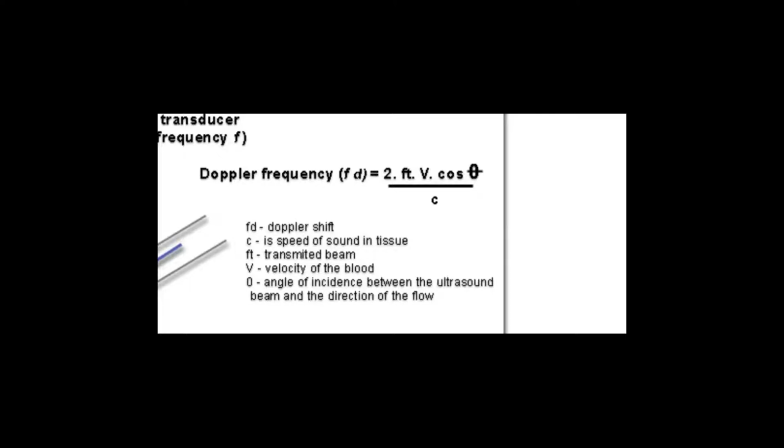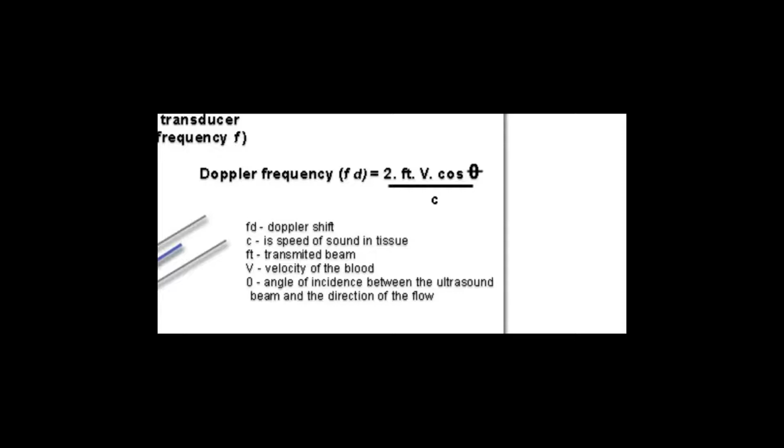So what's the meaning of that? The meaning of that is what you get back depends on what you send and the velocity of the blood. Meaning, the higher the flow of the blood, the higher the Doppler frequency. Okay, C is constant because the speed of sound in the tissue is constant.